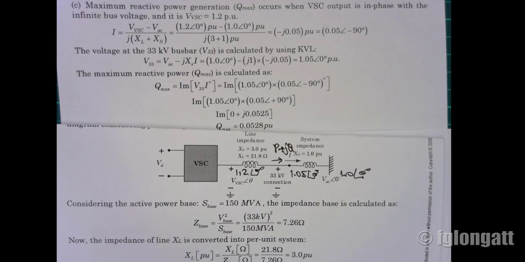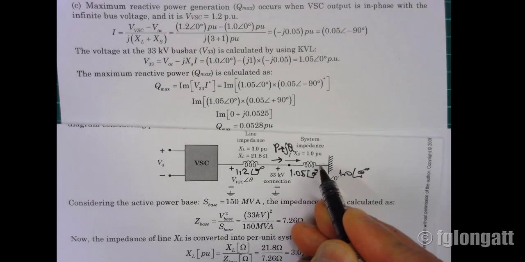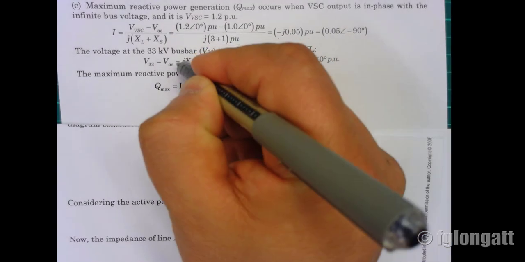And let's see, I think there is an issue over there, because this voltage should be equal to this voltage plus this voltage.